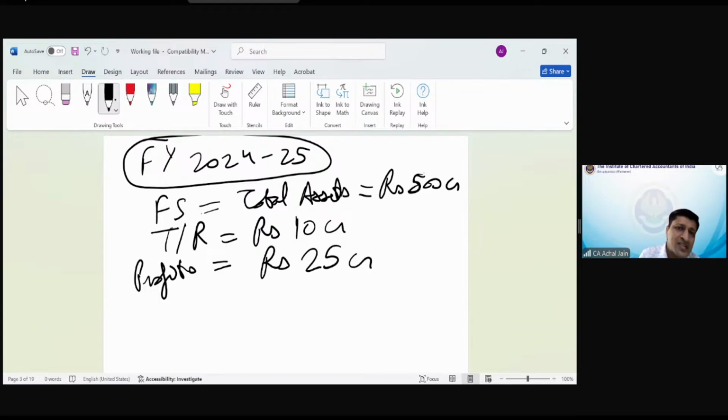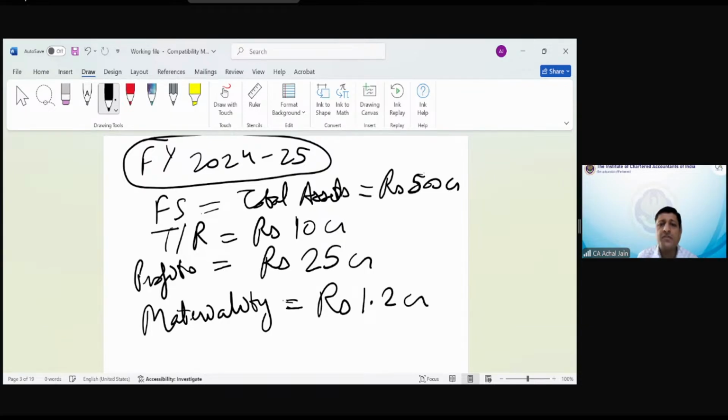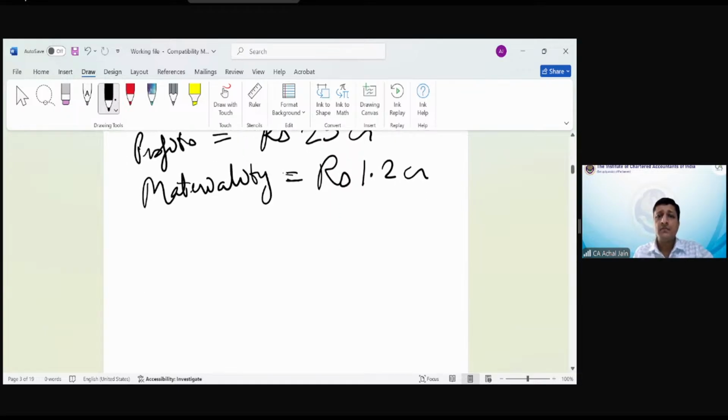Now, let's suppose materiality is determined by the audit team, and they are working at a materiality of, let's suppose, 1.2 crore. So that's the materiality. Now, during the year, what has happened?